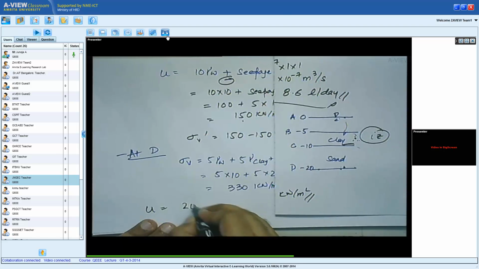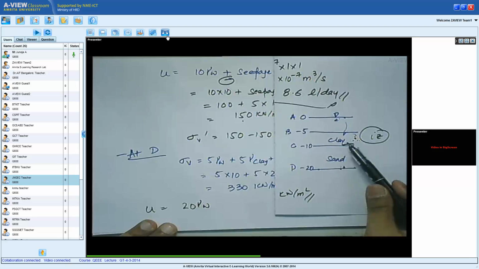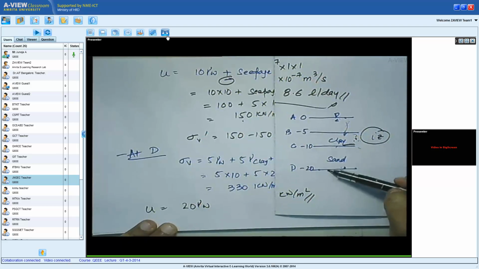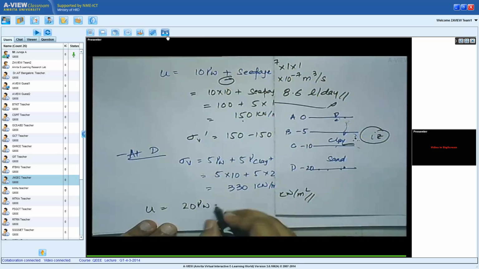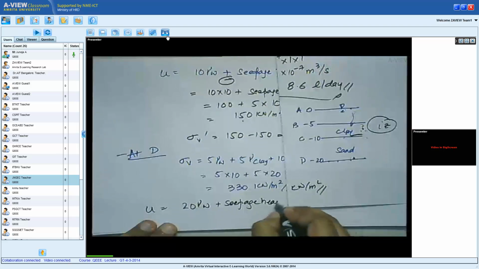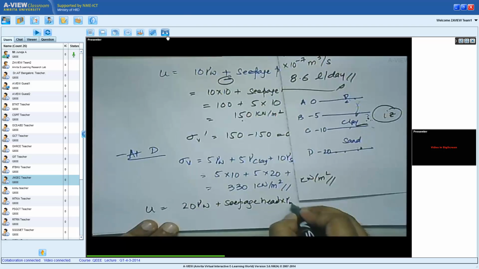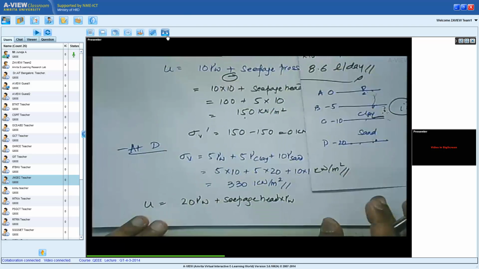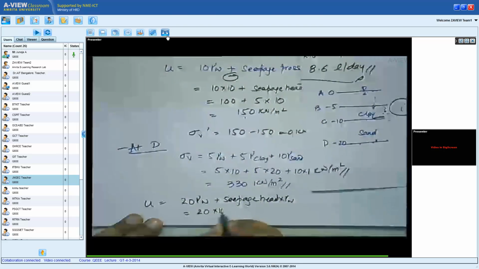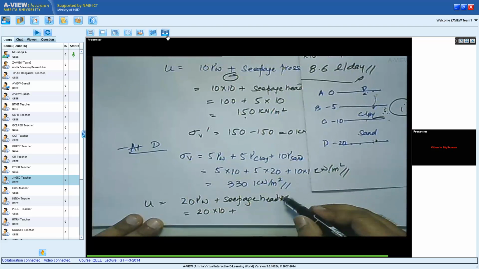So 20 times gamma W. So 5 meters plus 5 meters plus 5 meters, 10 meters plus another 10 meters. So 20 meters times gamma W plus the seepage head times gamma W. So I have 20 times 10 plus what is the seepage head?